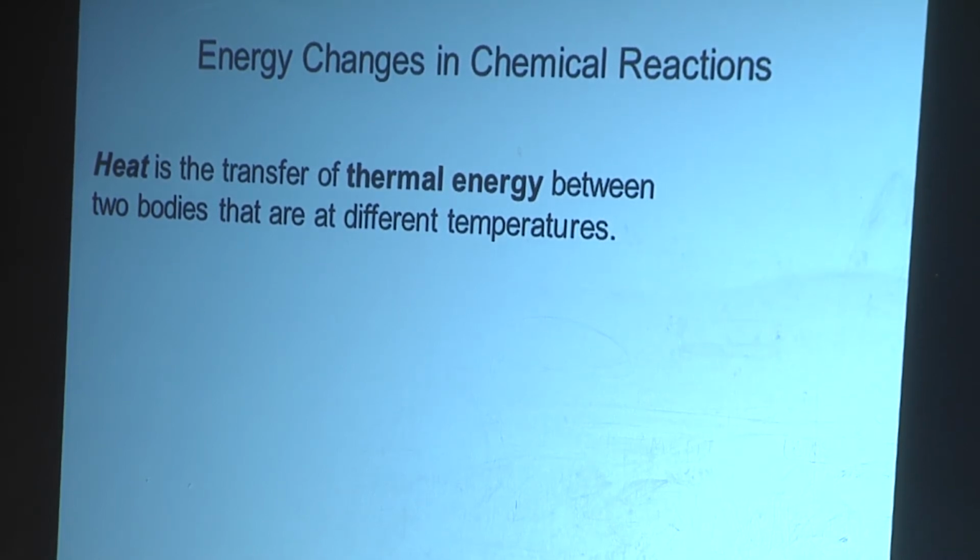I said, which one has molecules with the greater kinetic energy? And some of you said carbon dioxide, and some of you said hydrogen. And I said they're the same, right? Because they're at the same temperature. So the point there was the molecules have the same energy if they're at the same temperature, and you can extract from that if they're at different temperatures, the molecules would have different energies.